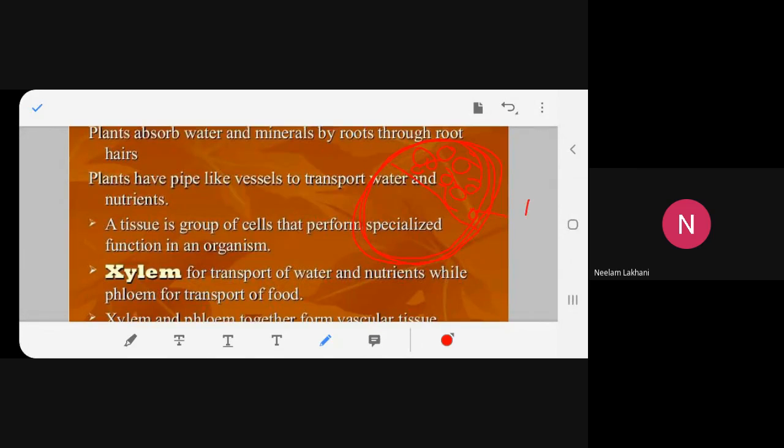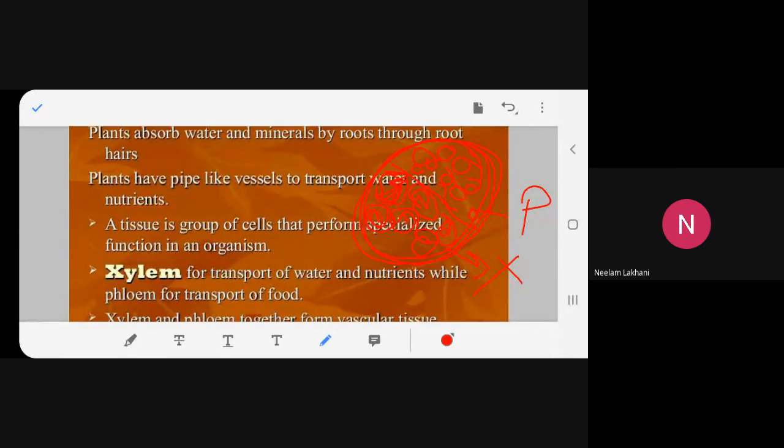These are called phloem. And the thick wall structures like this, xylem. Got it?